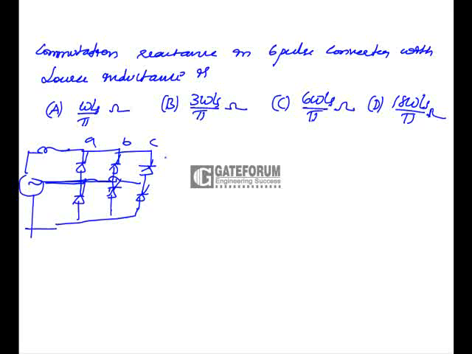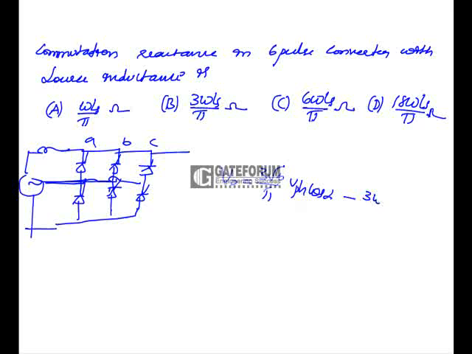Now what is the output voltage across the load? The output voltage across the load is given as V0. Let us take it as V0 is equal to 3 root 6 by pi into V phase cos alpha. Because of this source inductance, what happens?